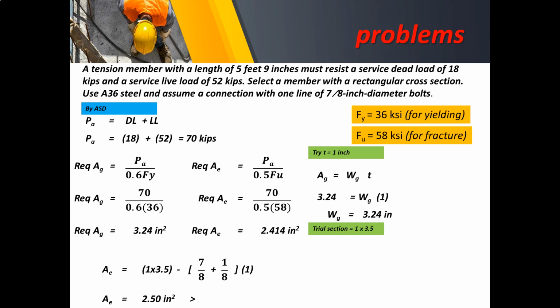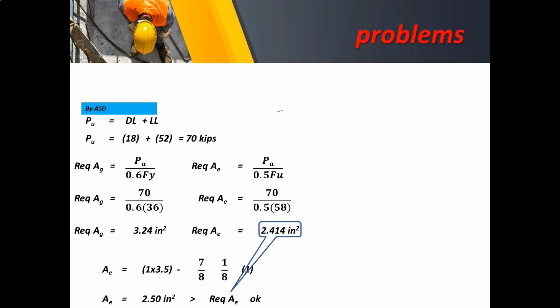So comparing that to the required effective area, still it exceeds the requirement. We remark it as okay. So we have satisfied the first condition with regards to the required gross area and the effective area.